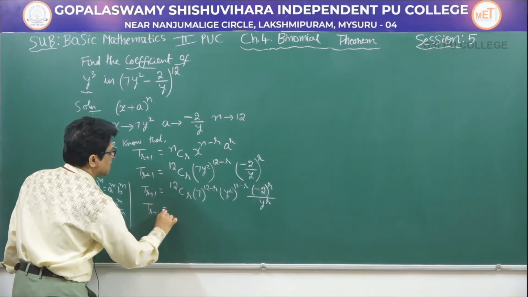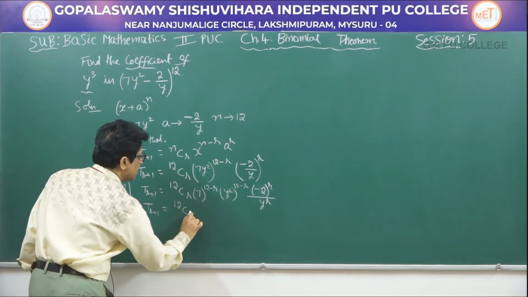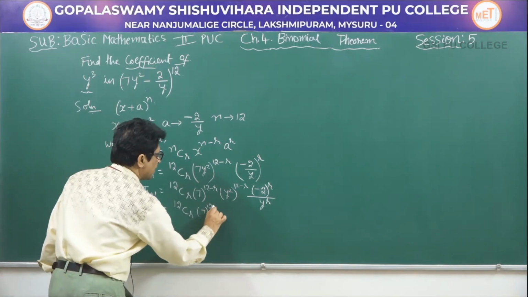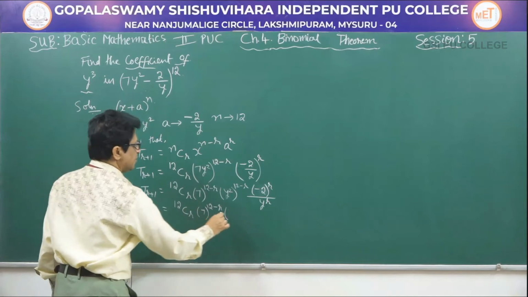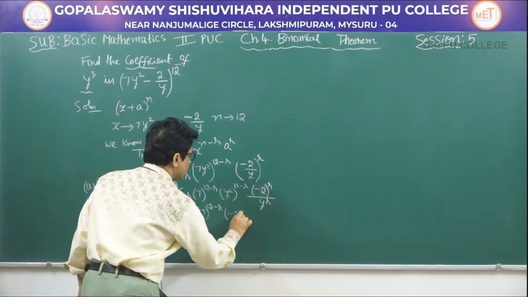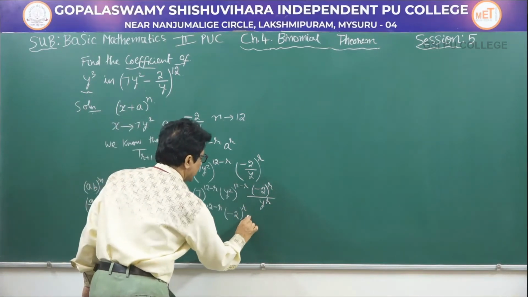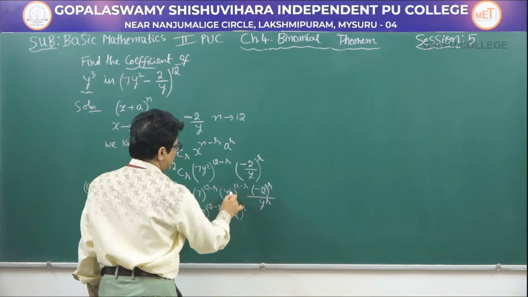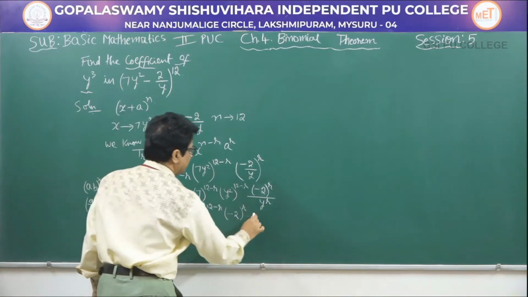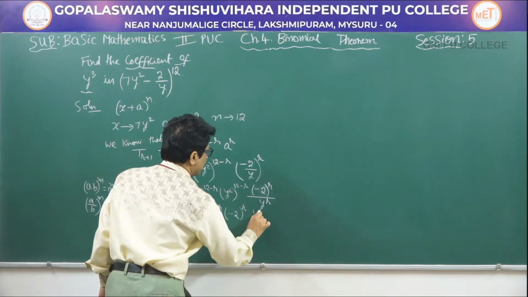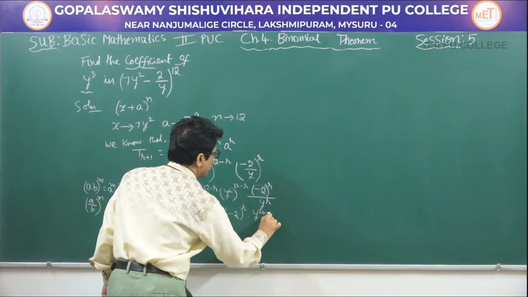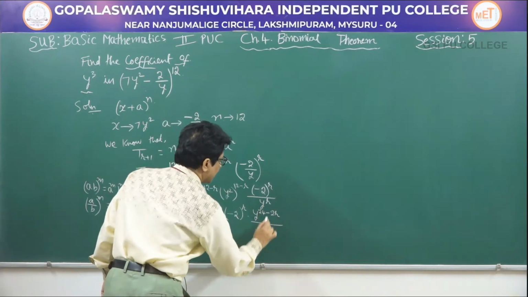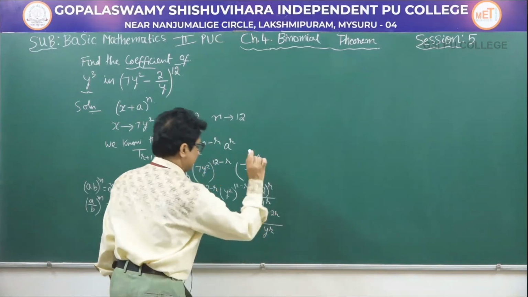T(r+1) is equal to 12Cr into 7 whole power 12 minus r into (minus 2) whole power r into, this is (a power m) whole power n is a power mn. By using that law of exponent, we write this as y power 24 minus 2r divided by y power r.